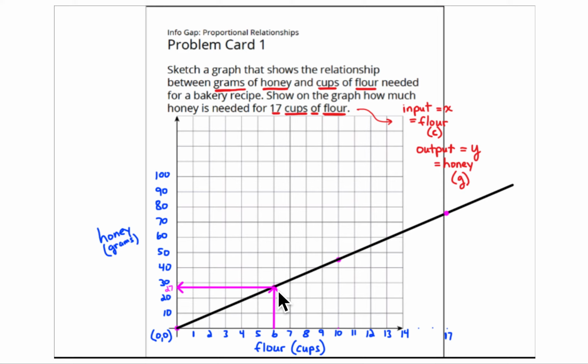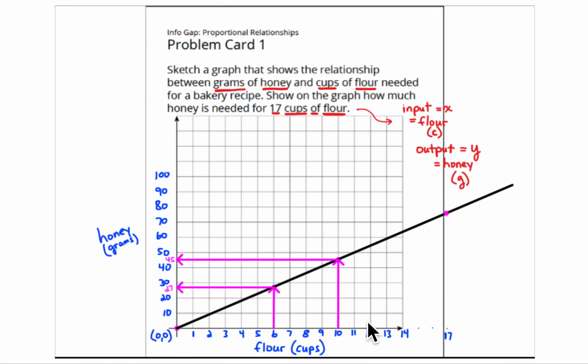That is the connection for this recipe between how many cups of flour you need and the number of grams of honey you need for this recipe. This line, as a matter of fact, is the connection for any amount of cups of flour to any number of grams of honey for that recipe. If the line was different, it would be for a different recipe. It would be a different relationship between cups of flour and grams of honey.